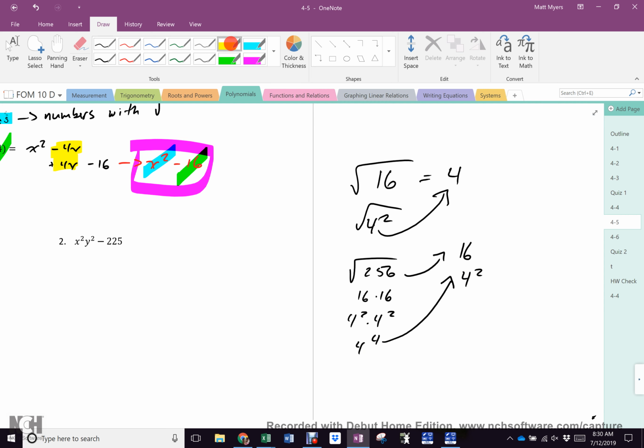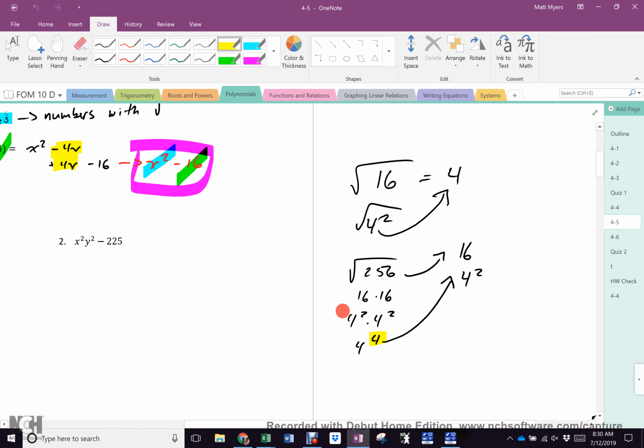So what is happening to that exponent when I square root? It divides by 2. It is not the square root of the exponent. You are dividing it by 2 because you are taking out groups of factors. Everybody cool? So I'll ask again, what is the square root of x to the 16th?